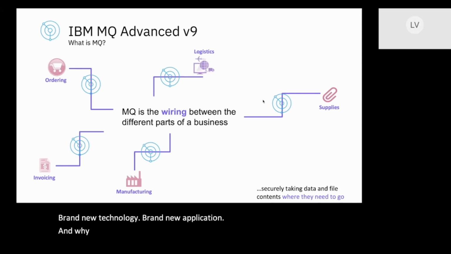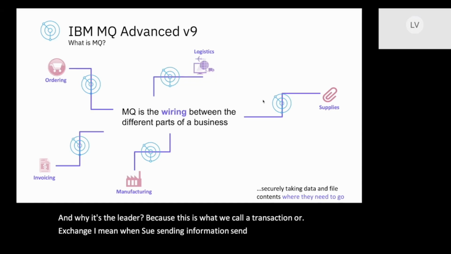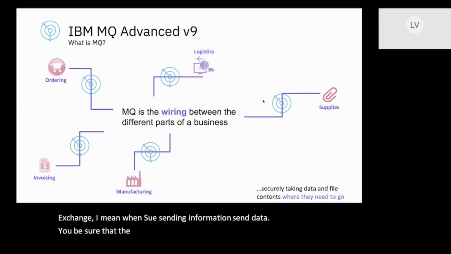Because this is what we call a transactional exchange. I mean, when a source sends information, sends data, you can be sure that the data captured by the recipient will be the right one.